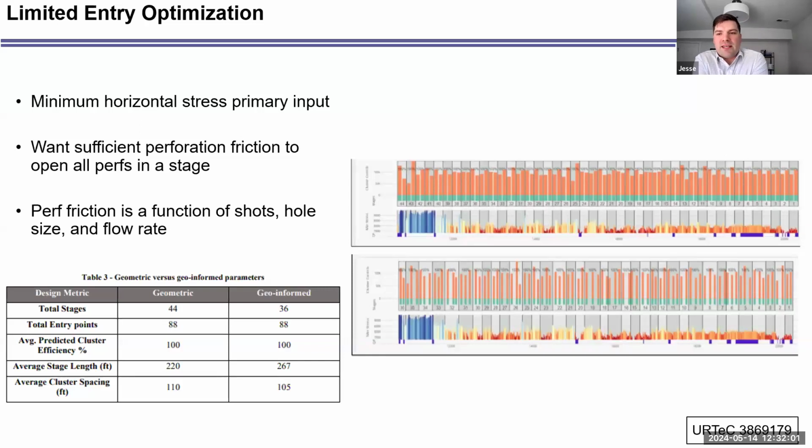So in this case, the way they had their original strategy, they had 100% perforation efficiency. And I'd say over the last 5 years, I've picked up on limited entry strategies, so they tend to be on the more aggressive side. So they are almost certainly getting 100% perf efficiency or something close to it.